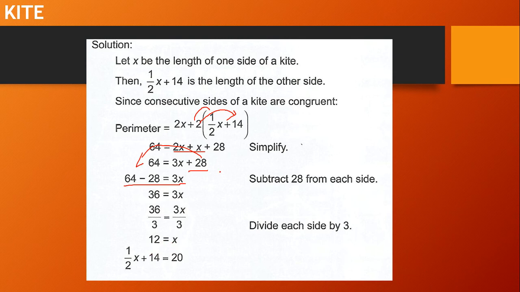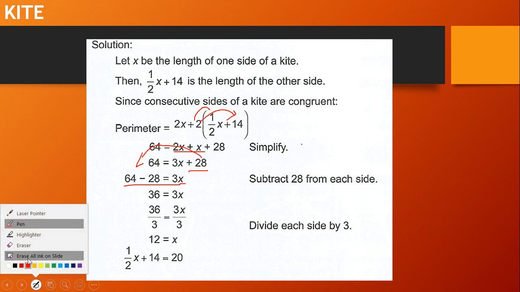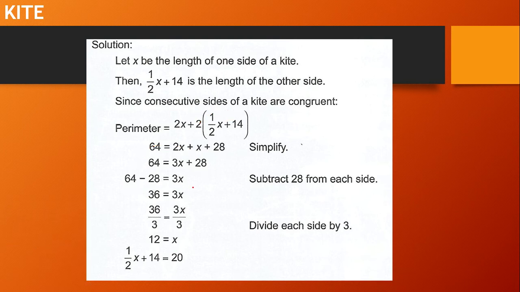Okay? Kung magamit ka atong addition property of equality, we can use that one. So originally this is 64 equals 3x plus 28.